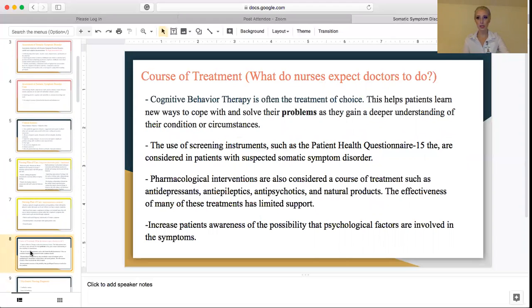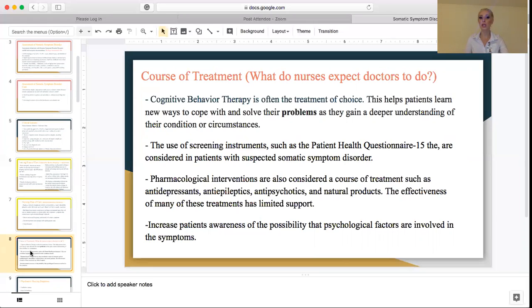Course of treatment. What would we as nurses expect doctors to do? Cognitive behavior therapy is often one of the treatments of choice. It helps the patients learn new ways to cope with and solve their problems as they gain a deeper understanding of their condition or circumstances.